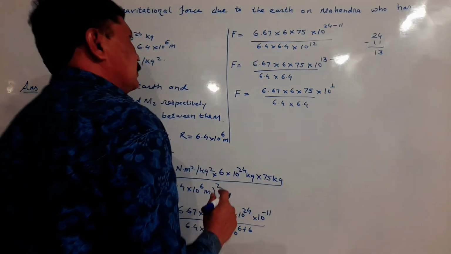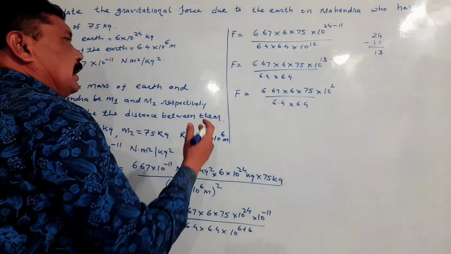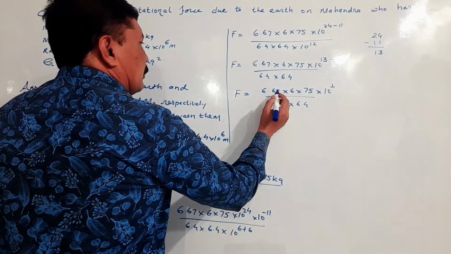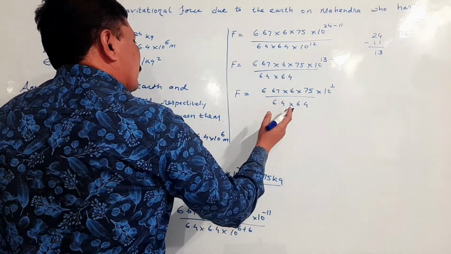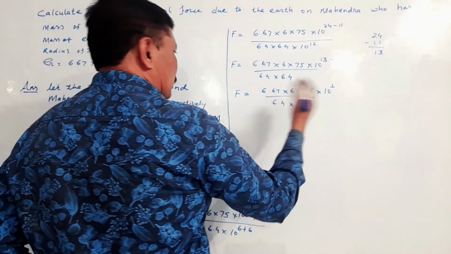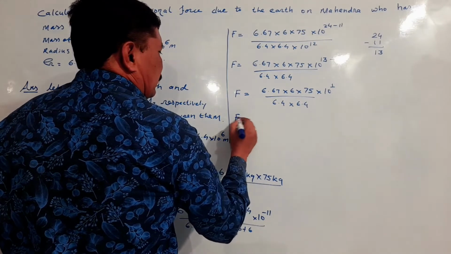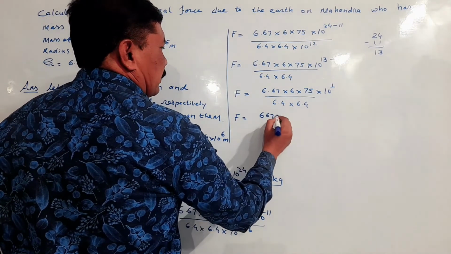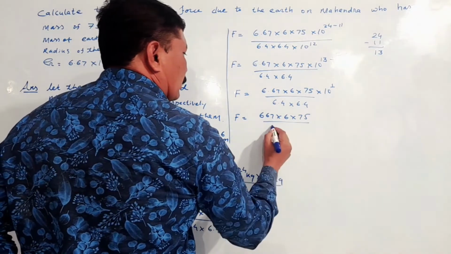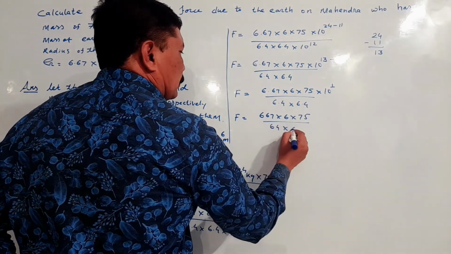Now my dear student, we have to remove the decimal point. So here 2 decimal points we have to shift ahead, and in the denominator also we have to remove the point, 2 decimals. So we can directly write F is equal to 667 into 6 into 75 upon 64 into 64.